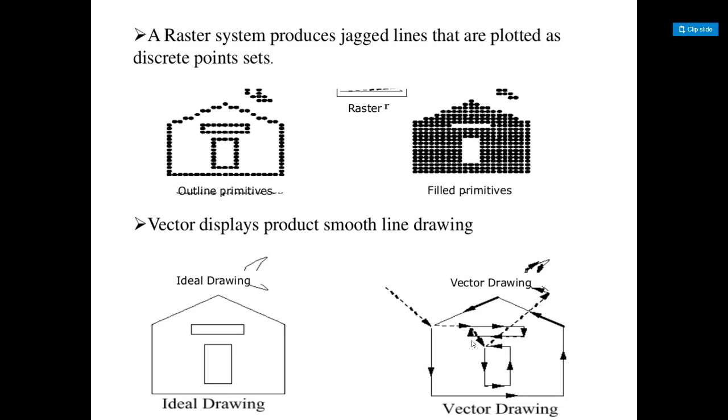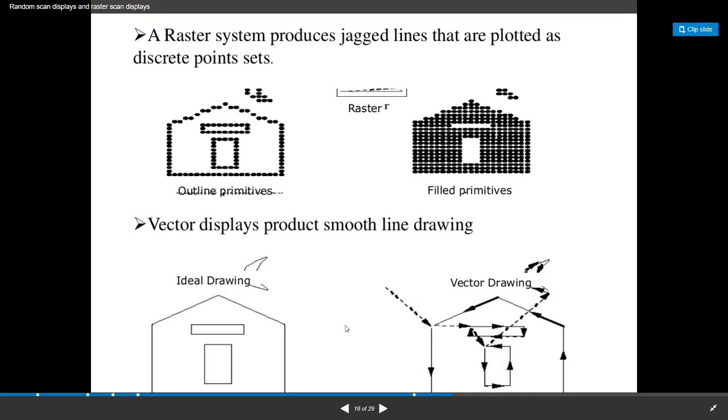So this is how a raster scan system produces jagged lines, which are plotted as discrete points. This is how the outline will be there and the fill will be there. This is how a vector display will be, and the vector display will be a much smoother one.